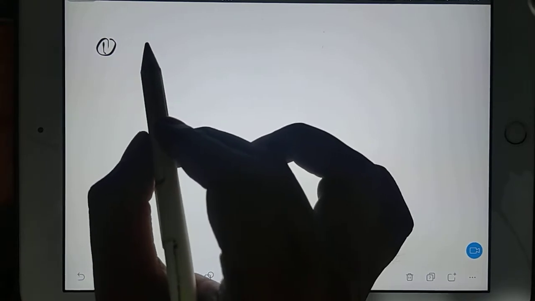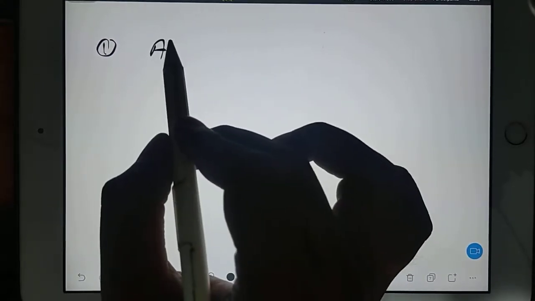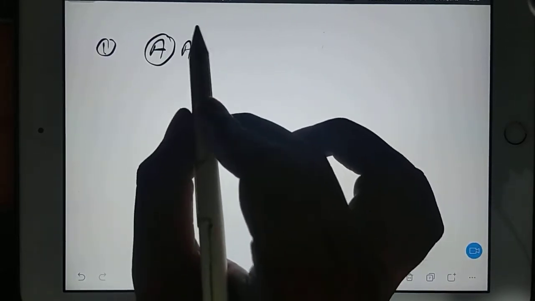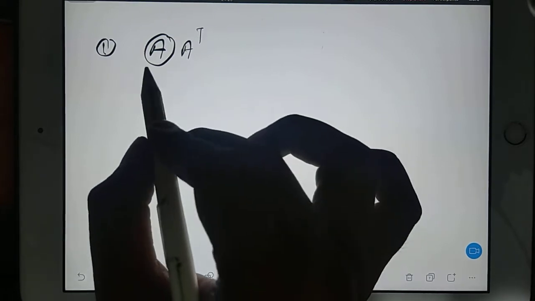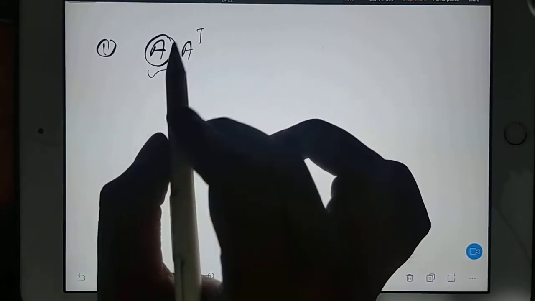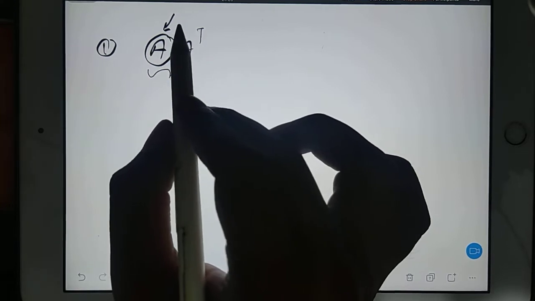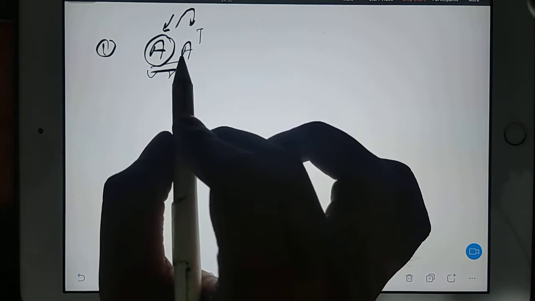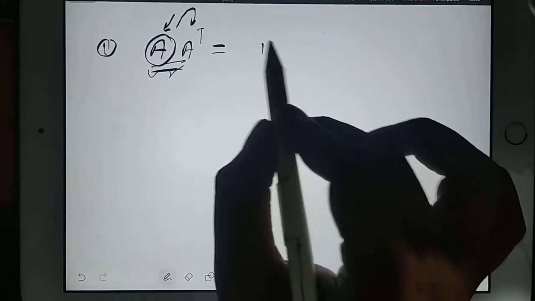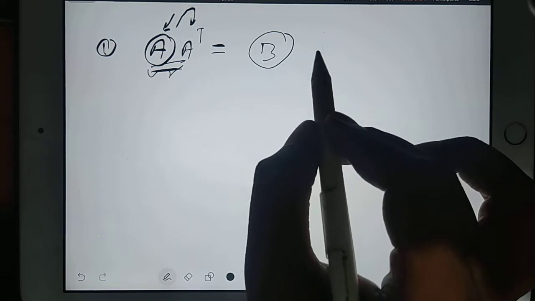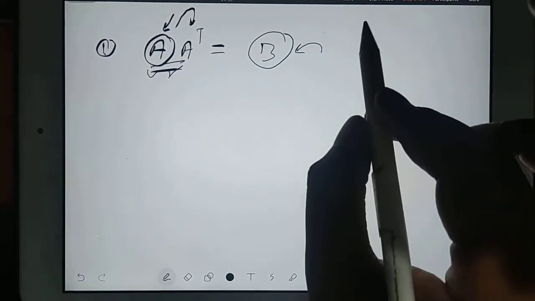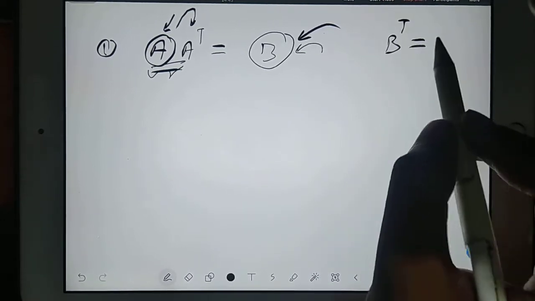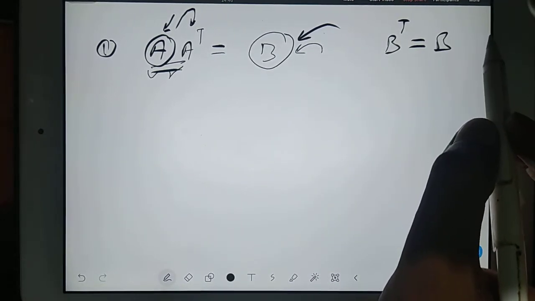Suppose you have any matrix A, and you find the transpose of this matrix and multiply in this order: A transpose times A. Whatever answer comes will be a new matrix, suppose B. This new matrix will always be a symmetric matrix. It means if you take the transpose of B, you get B again. That is the meaning of a symmetric matrix.